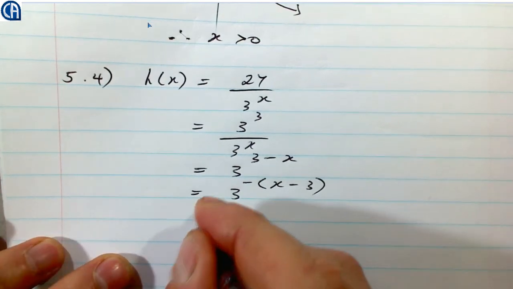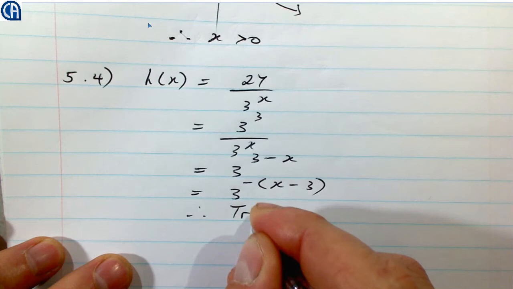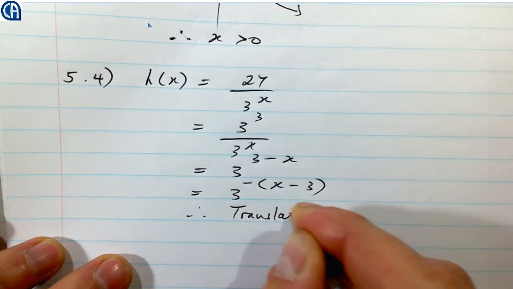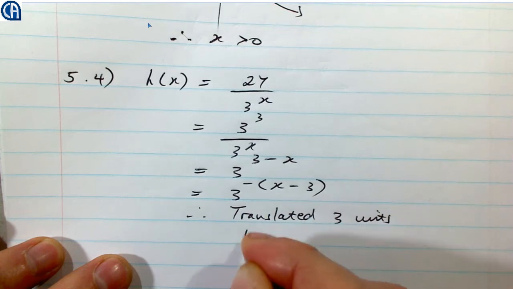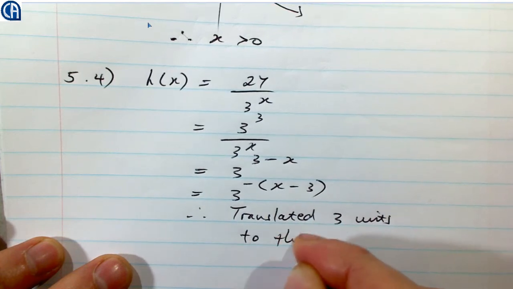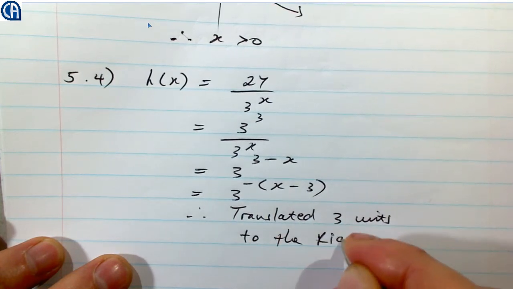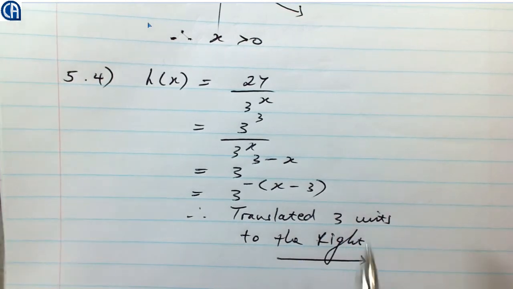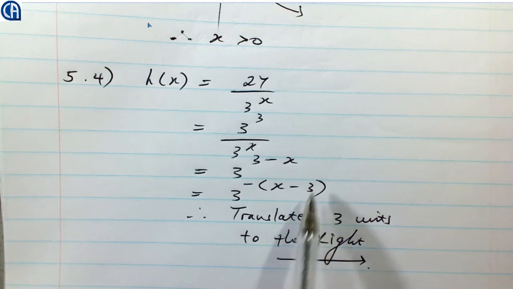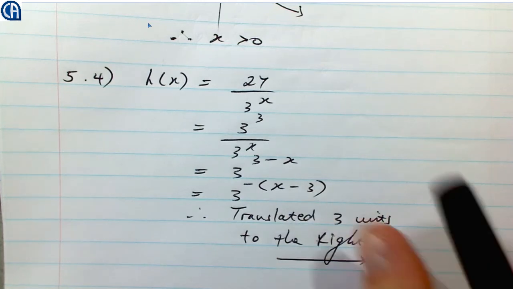So describe the translation: it was translated 3 units to the right. Right, so x minus 3 means the graph is shifted 3 units to the right.